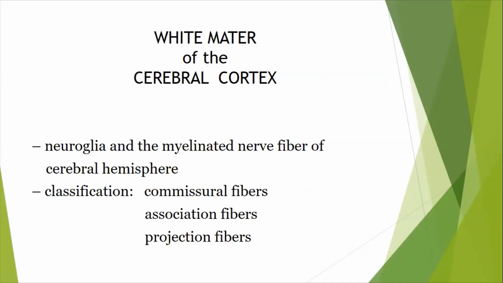Now, the cerebral cortex has an inner white matter. Here, neuroglia and the myelinated nerve fibers of the cerebral hemisphere will be located. Remember earlier when we talked about the cells, their fibers will go, except for your horizontal cells of Cajal, those fibers may go into the white matter, especially on the sixth layer.